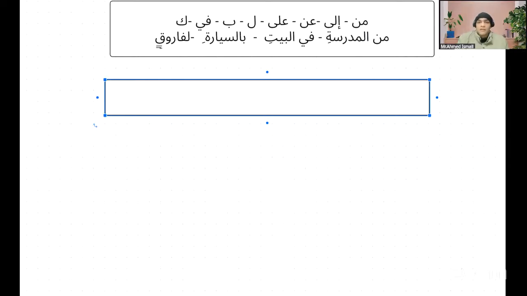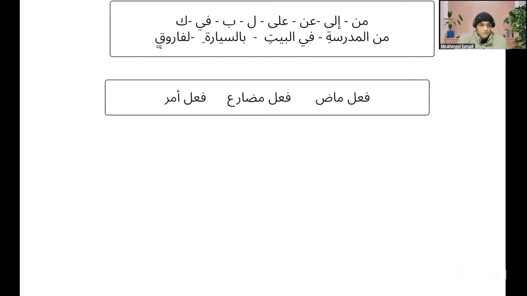So the فعل ماضي, for example, let's write some examples here. We can say كتب. I say فهم, which means he understood something. I say قرأ, read something in the past. Let's say, for example, تعلم, which means he learned something.